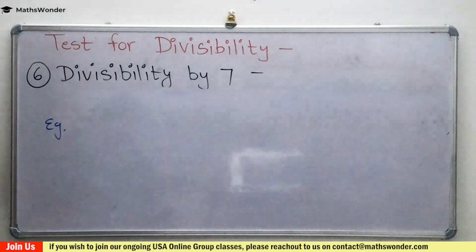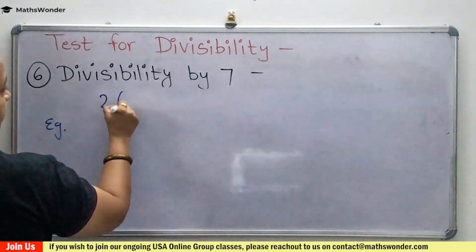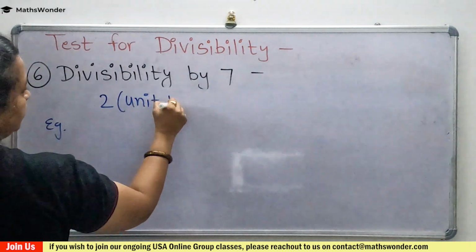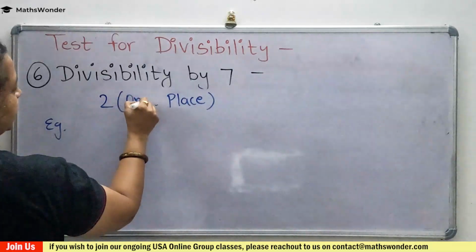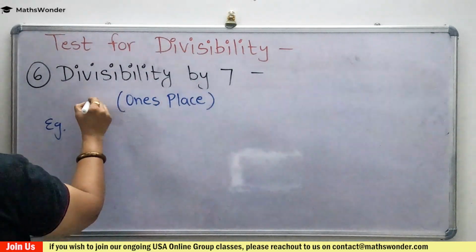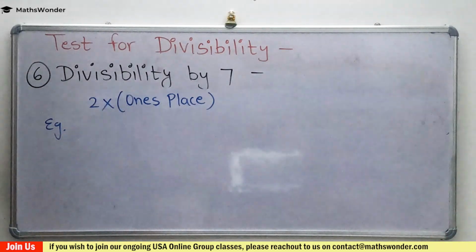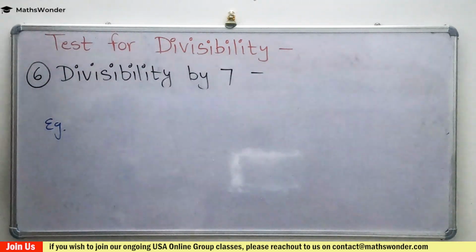I have to write it: double means 2 times your ones place of the given number, subtracted from the rest. I am writing the formula, you just use it.